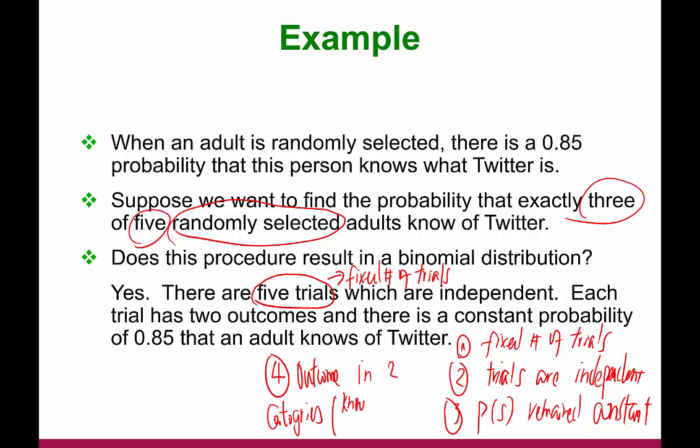Not knowing Twitter is the failure event. Okay. So with all four conditions satisfied, we know that this is a binomial probability distribution.